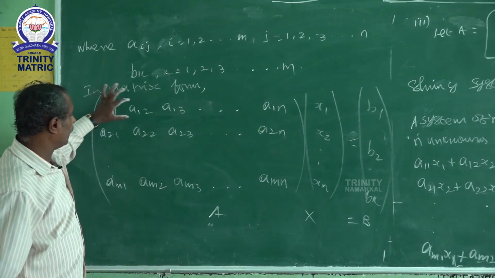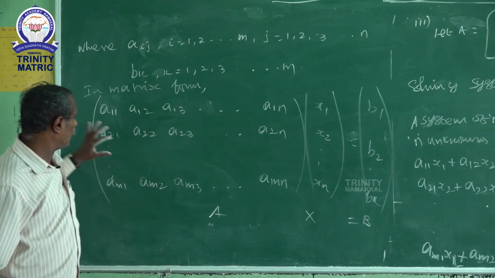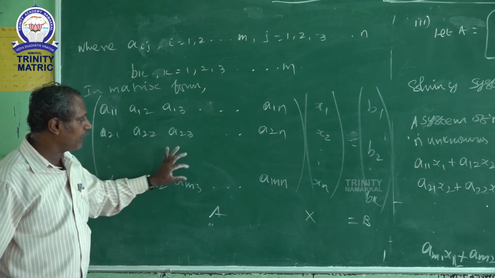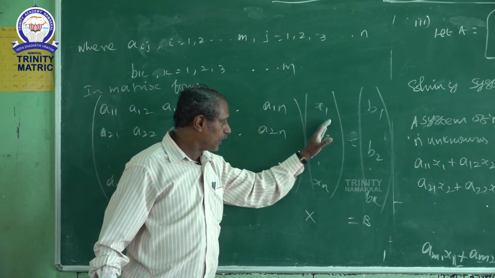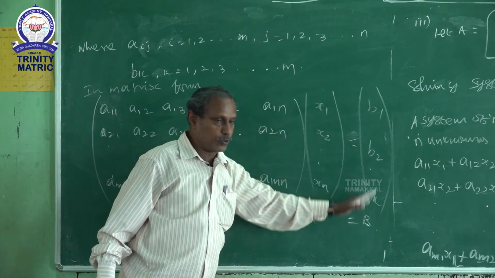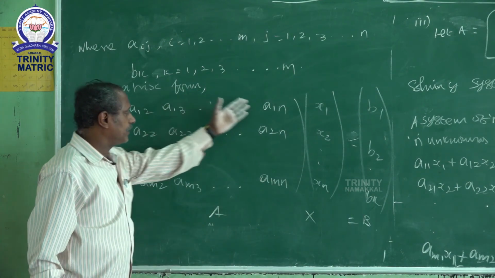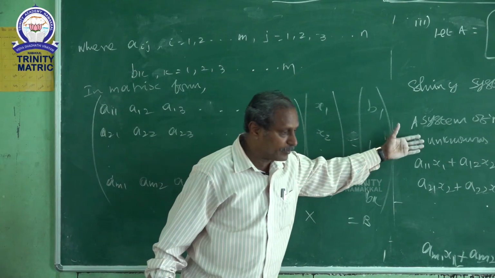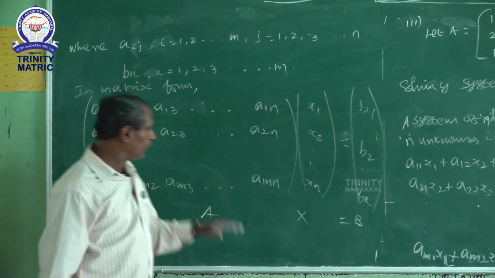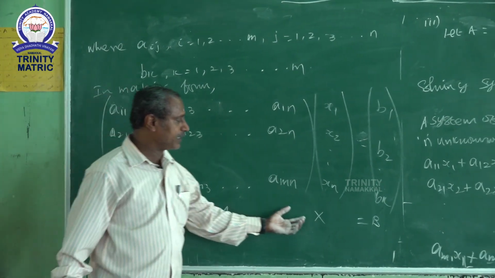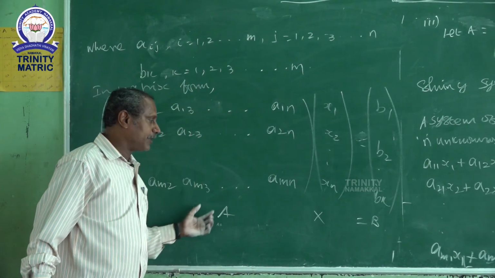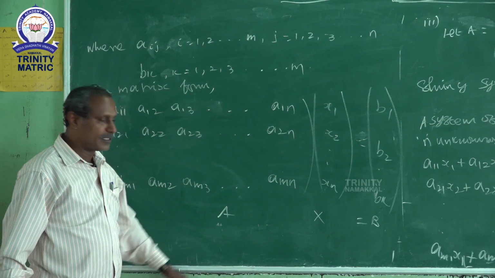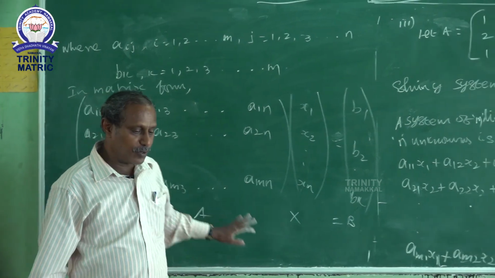Therefore a11, a12, a13, a1n, a21, a22, a23, a2n, am1, am2, am3, amn, multiplied by x1, x2, xn, equal to b1, b2, bm. We have rewritten the system of equations in matrix form, that is AX equal to B, where A is called the coefficient matrix and B is the constant matrix. Both combined give the augmented matrix. We will see how to solve using the augmented matrix in the next class.